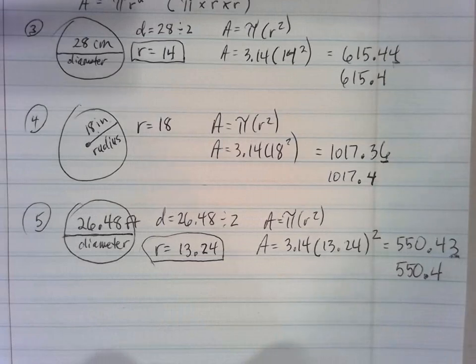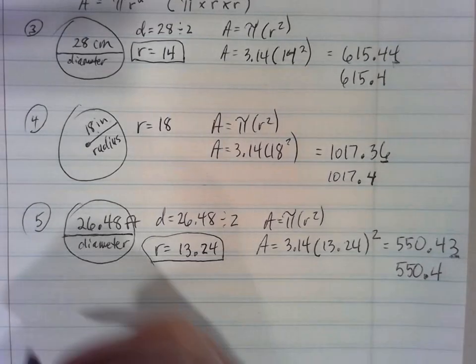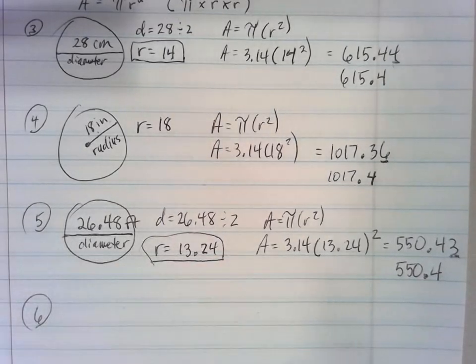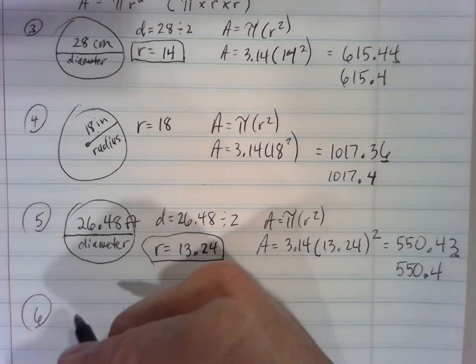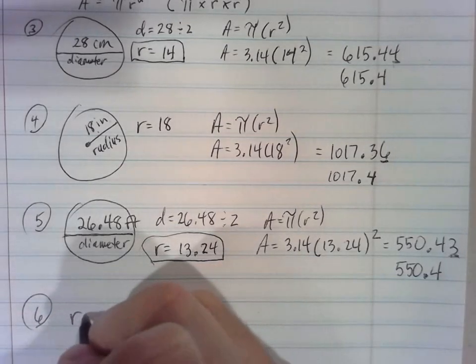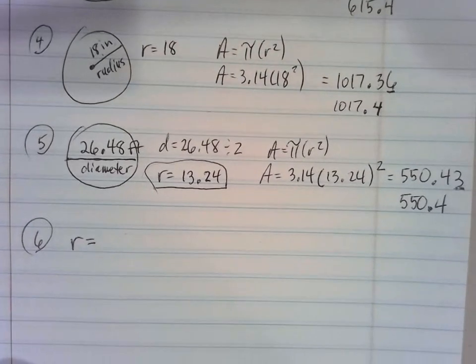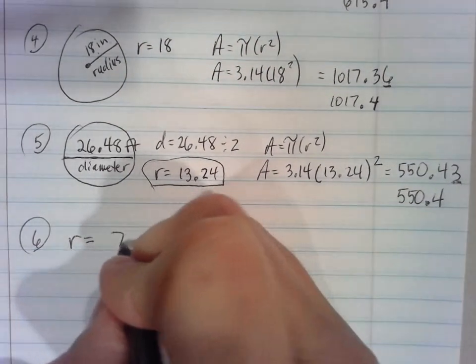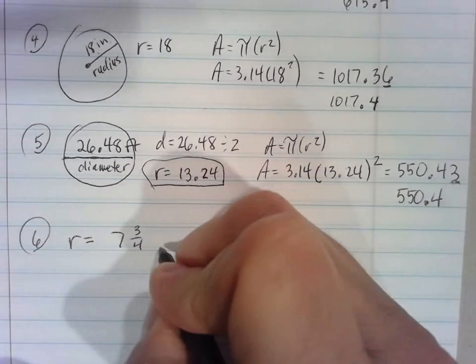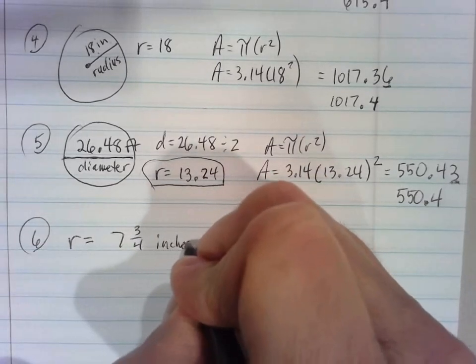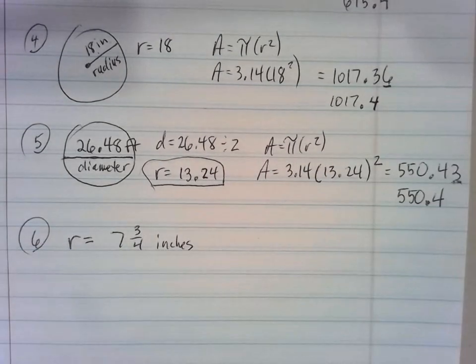Now here's the one where the wailing and gnashing of teeth start happening: the fraction ones. This time, not only am I going to do away with the pictures, but I'm also going to give you a fraction. So we'll start out with the easy one. Let's say they tell you the radius is 7 3/4 inches. Let's change it to a decimal.